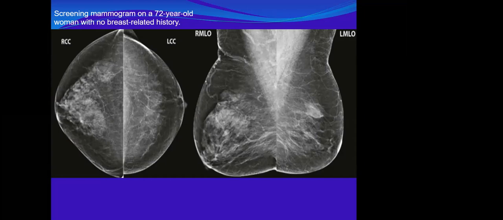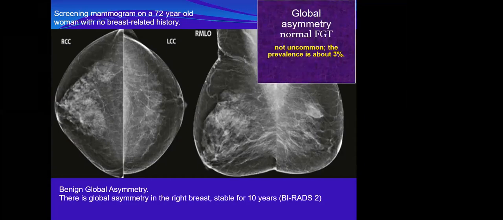Global, which side? The right breast. Excellent. Right global asymmetry, not associated with suspicious features, so it represents normal fibroglandular parenchyma. Okay? And it was stable for 10 years. So after that, it will be BIRADS 2.